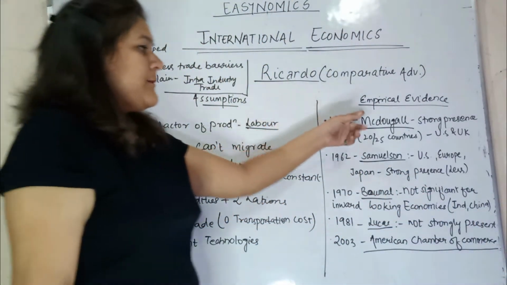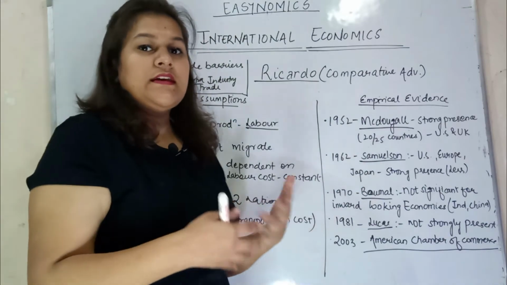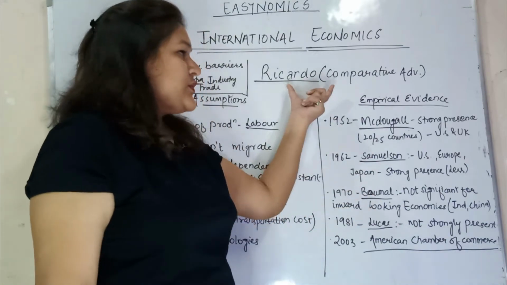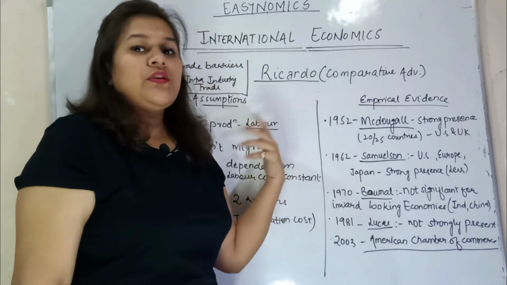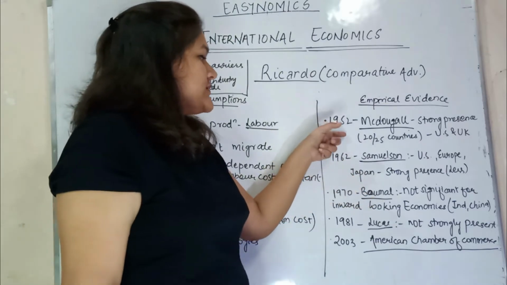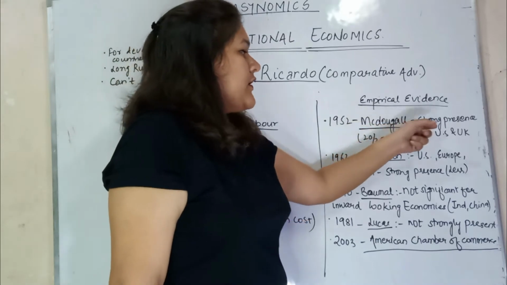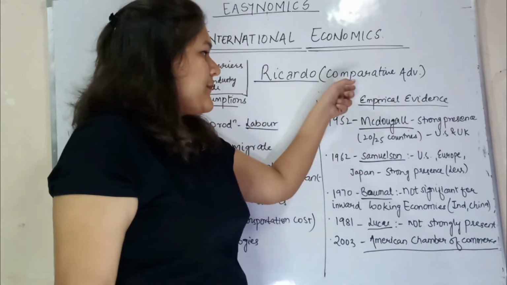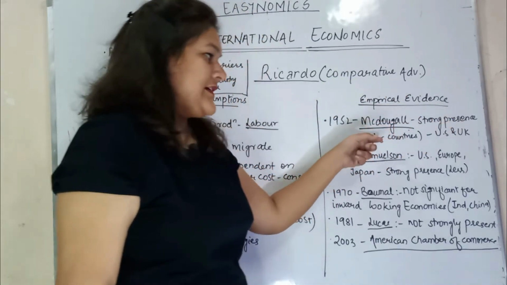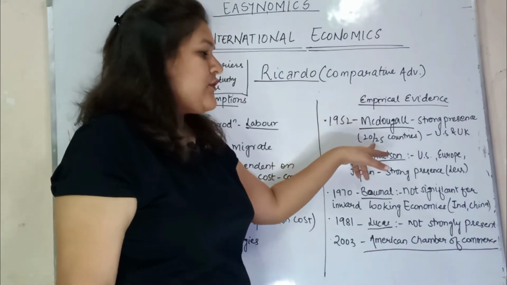Now comes the empirical evidence. What were the studies conducted after this theory to prove whether it was correct or not? The first empirical test was conducted in 1952 by McDougall. It said that comparative advantage is strongly present. It took the data of 25 countries.